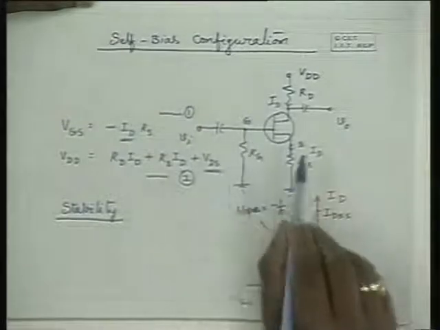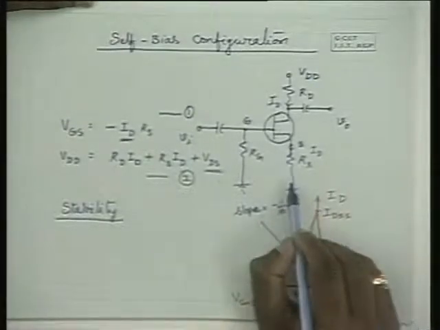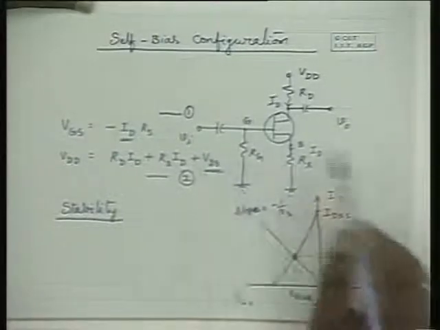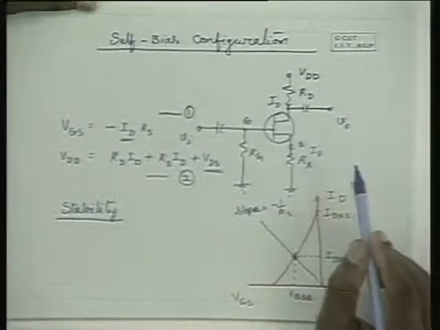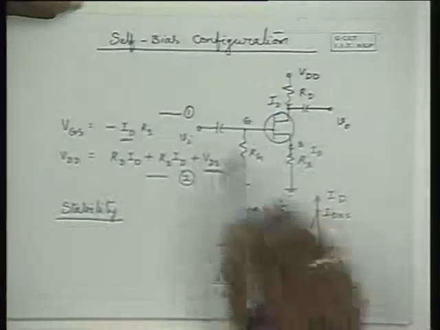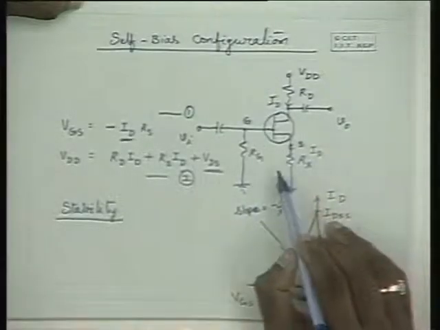Because of this feedback provided through the resistance Rs, the ID is maintained at a constant level with negligible variation. So that is the advantage of a self bias circuit. And what is responsible for it?